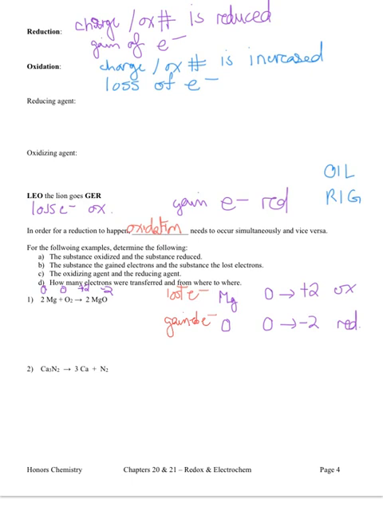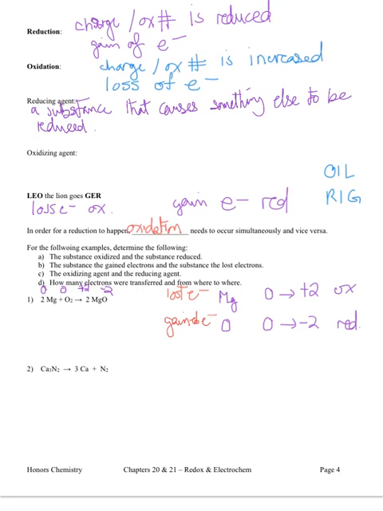Let's write that down. So a reducing agent is a substance that causes reduction or causes something else to be reduced. So it causes something else to gain electrons to be reduced.